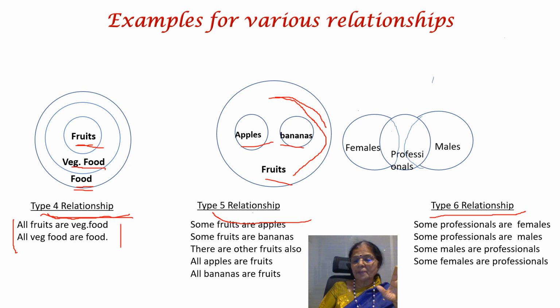Apple is one group and bananas are another group of fruits. And so some fruits are apples, some fruits are bananas, and there are other fruits also. And all apples are fruits. That is why you put them inside the bigger circle. And all bananas are fruits because you put them in a bigger circle, fruits. So this Venn diagram you should choose in order to show this type of relationship.